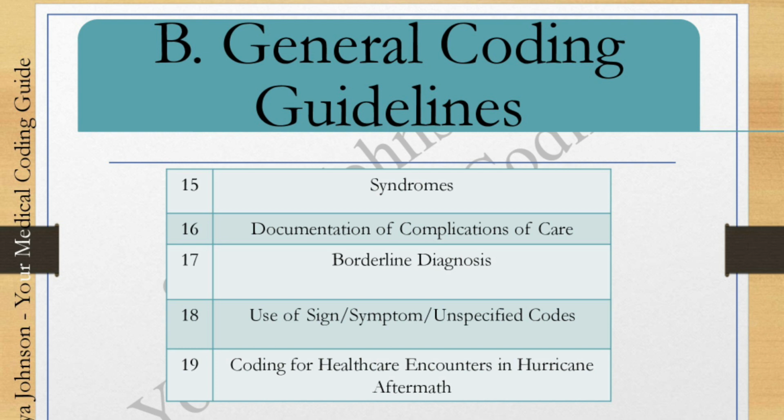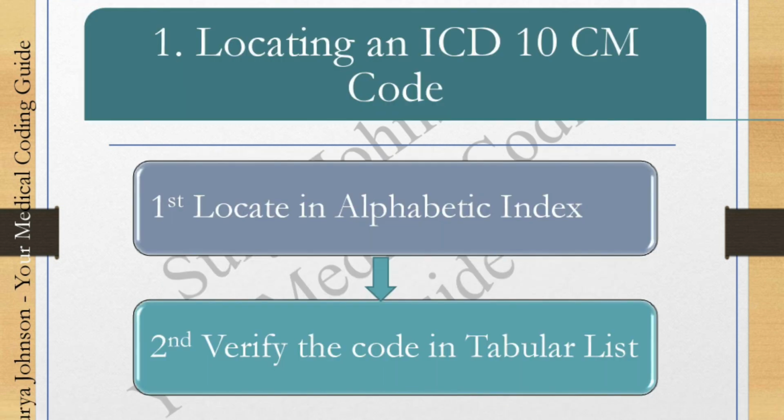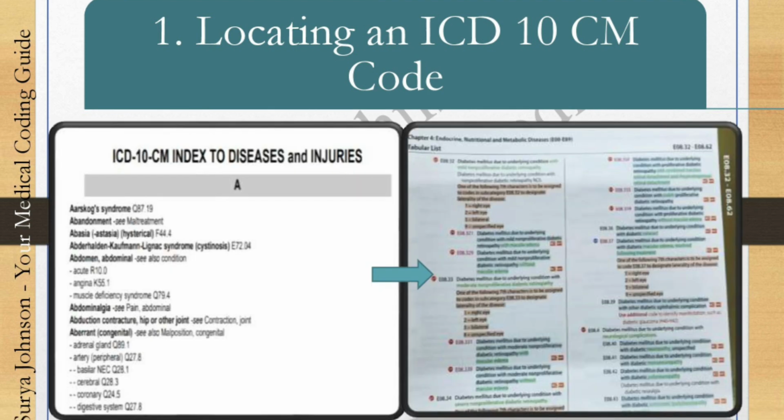So we'll go to number 1, locating an ICD-10-CM code. As I already discussed in chapter 1 convention A, when we're talking about the alphabetic index and the tabular list, you should first locate in the alphabetic index. Like, you should search in the alphabetic index. For example, if the patient has an iron deficiency anemia, then you'll be searching A, anemia, and then under that you'll choose the iron deficiency anemia.